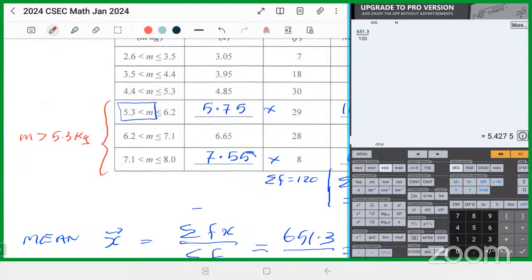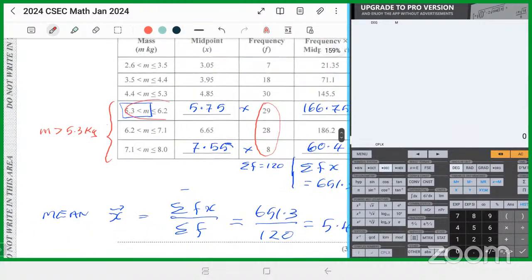And that total number of babies represented by these is the sum of those greater than 5.3 kilograms. So it's 29 in this group, 28 in this group, 8 in this group. All right, so we can show the calculation. It's a fraction.